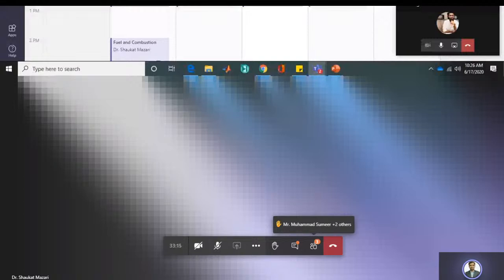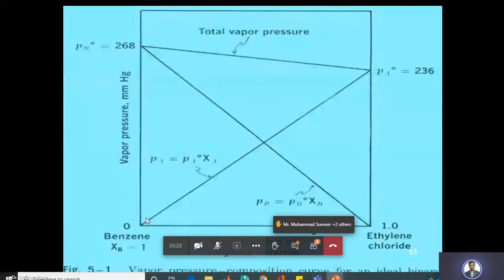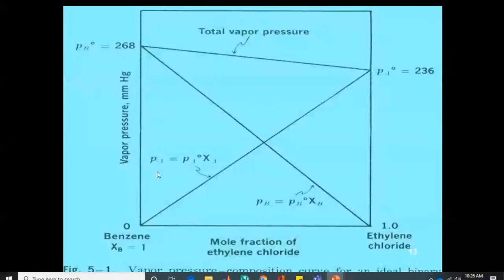Now if you see here, that's actually component A. So the concentration of A here is 0 because here XB is 1. When XB is 1, definitely XA will be 0. So when XA is 0, the partial pressure is 0 because the mole fraction is 0. It means there is no component A at this side.